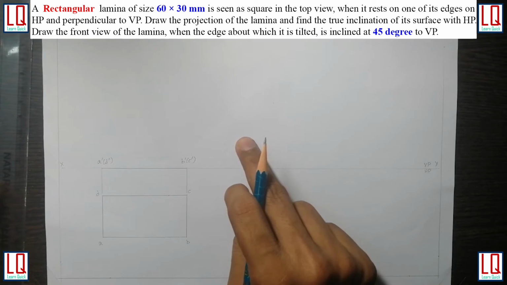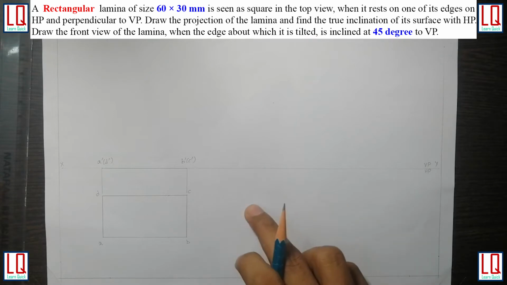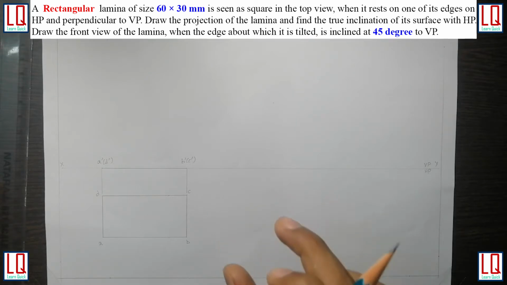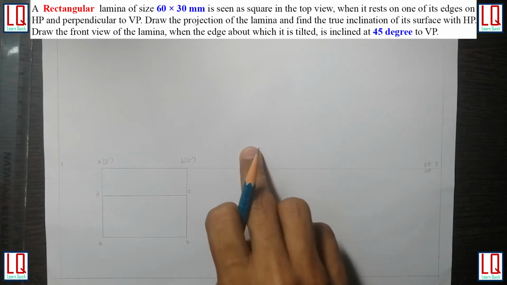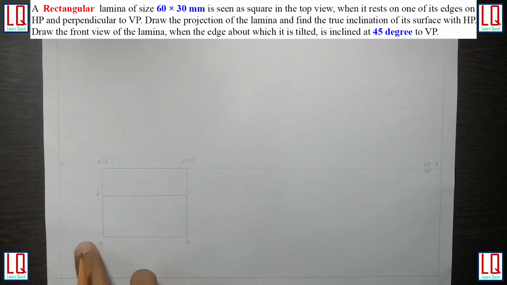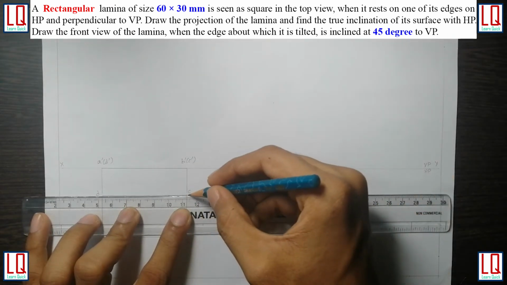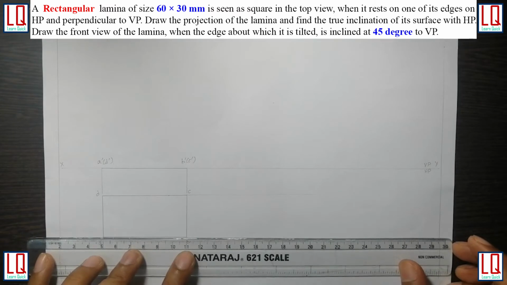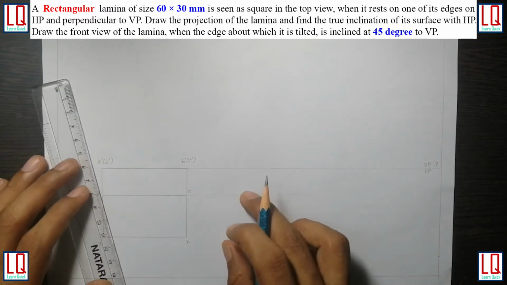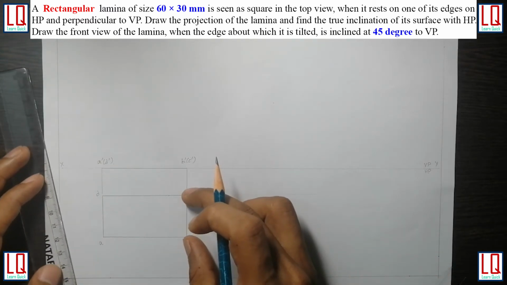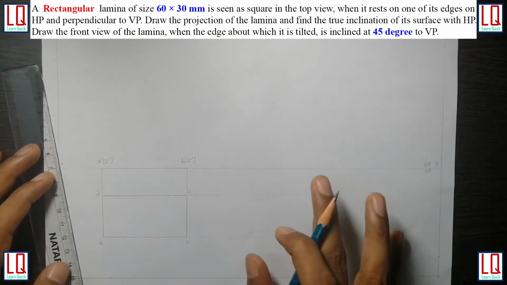Usually we would move to step 3 here and then step 4, but in this problem we are going to draw step 4 beforehand, because it is said in the question that the top view looks like a square, but the inclination of step 3 is not given in the question, which is unknown, and we are going to find it. So now I project AB and CD to step 4. Use of an engineering drafter is recommended. Here I have to make a square. The shorter side length is already 30, which is fixed and can't be changed, so all the sides of this square are going to be 30 mm.